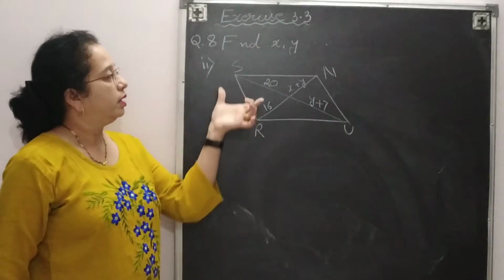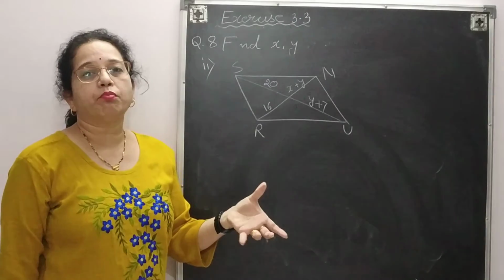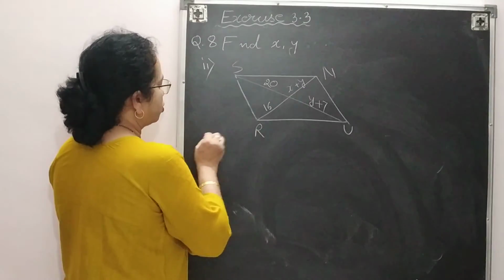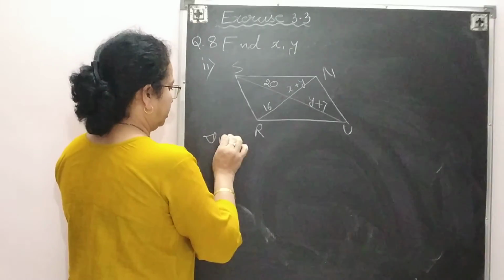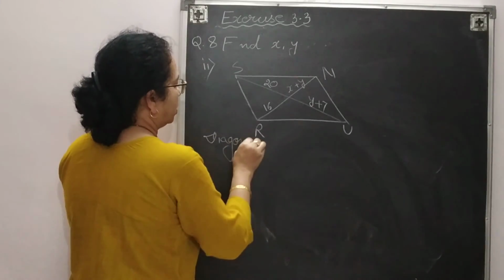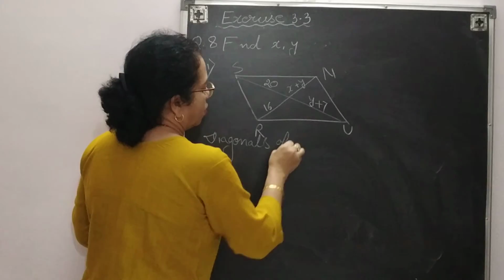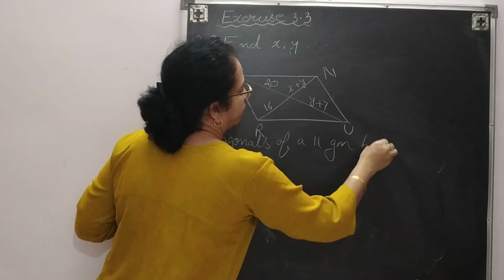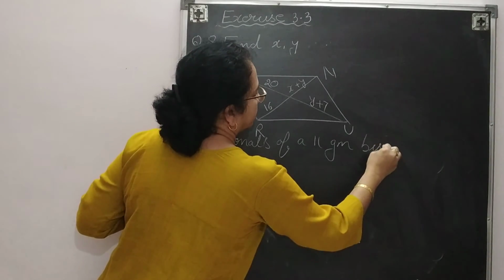We know that diagonals of a parallelogram bisect. Bisect means this length and this length will be equal. So we will write here diagonals of a parallelogram bisect.